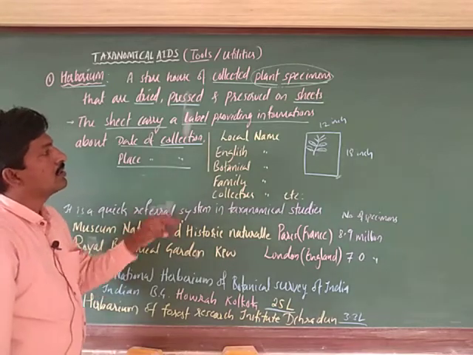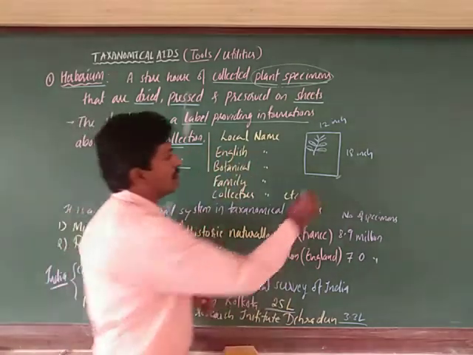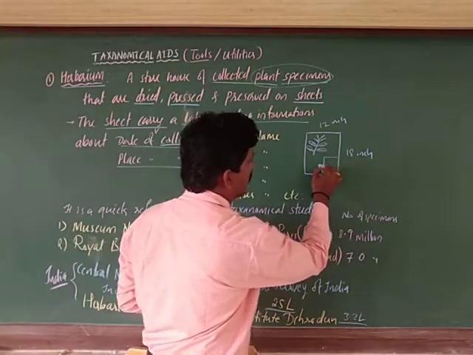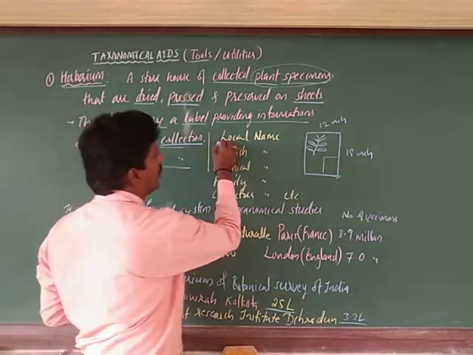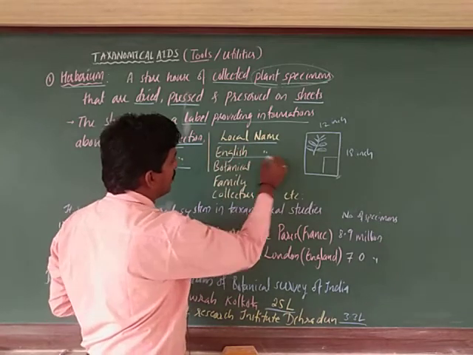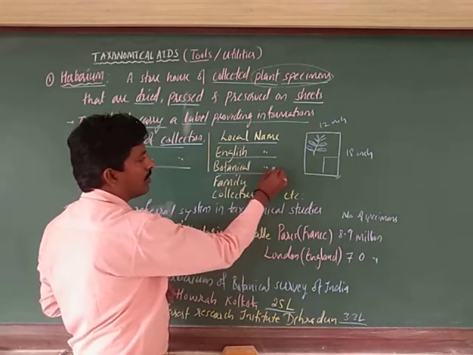Next, in this corner there should be some information: local name, English name, and botanical name, that is what we call scientific name.